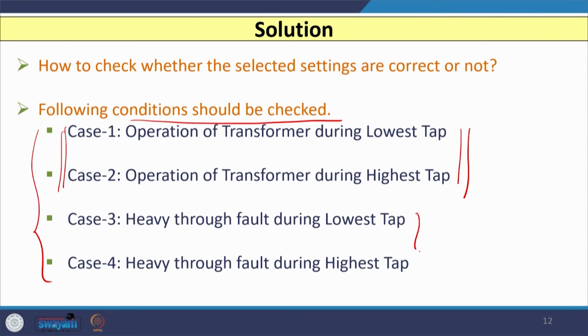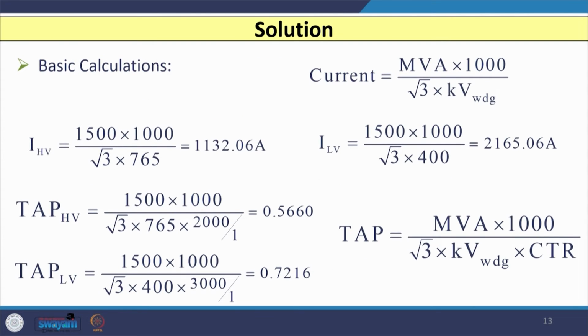And the third and fourth cases are related to heavy through fault. So, when an external fault occurs during lowest step and highest step, whether the relay should be able to operate or not. In all four cases the relay should not operate with whatever settings we have assumed. So, let us consider the first case.